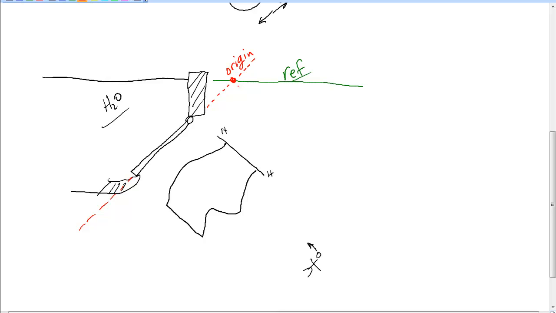Now, since we're interested in an area down on here, say some strip of area here, or say d area, depending on the way you want to look at it, we're going to reference down to this location.